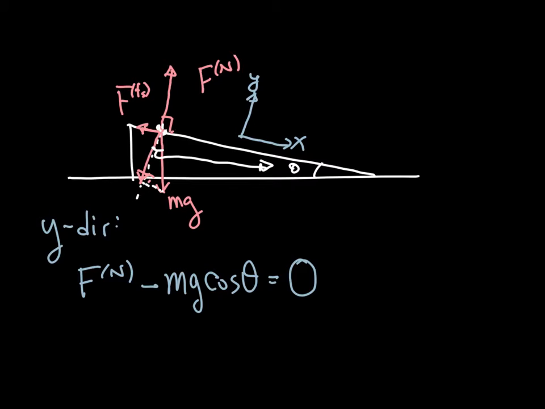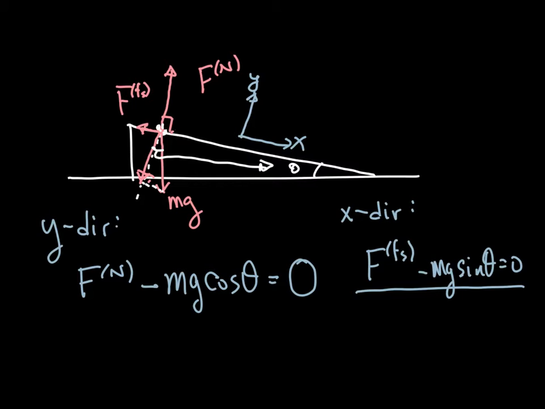We can also do the same thing in the x direction. And we'll write this equation down. And because we know the mass, we know gravity, and we know that we're at some small angle theta, if we want to, we can solve directly for the force of static friction here by just solving this equation.